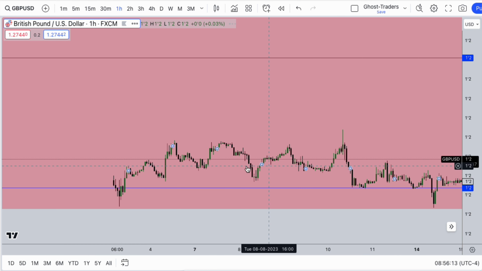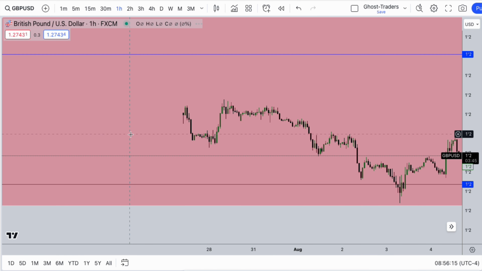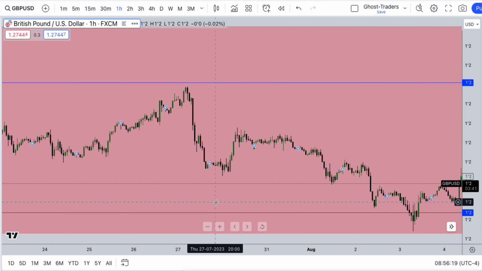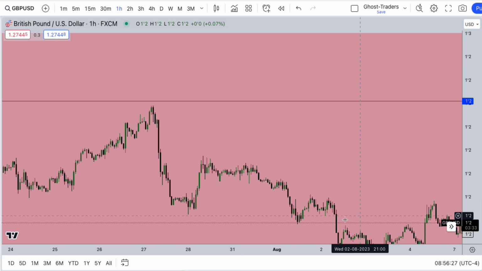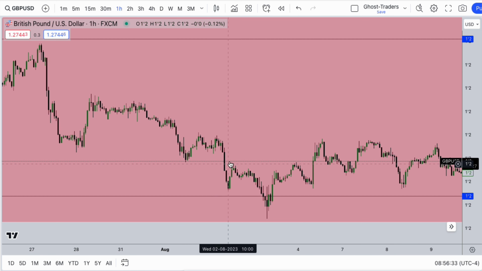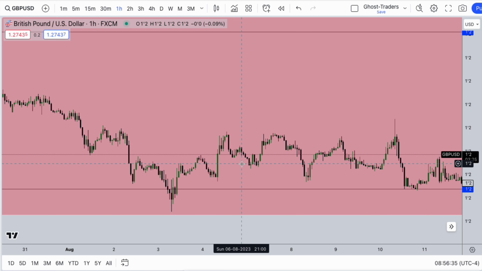Then we have the 1-hour time frame. You can see that it was clear on the 4-hour time frame, and it's basically the same thing here. Same thing here, price pushes back.